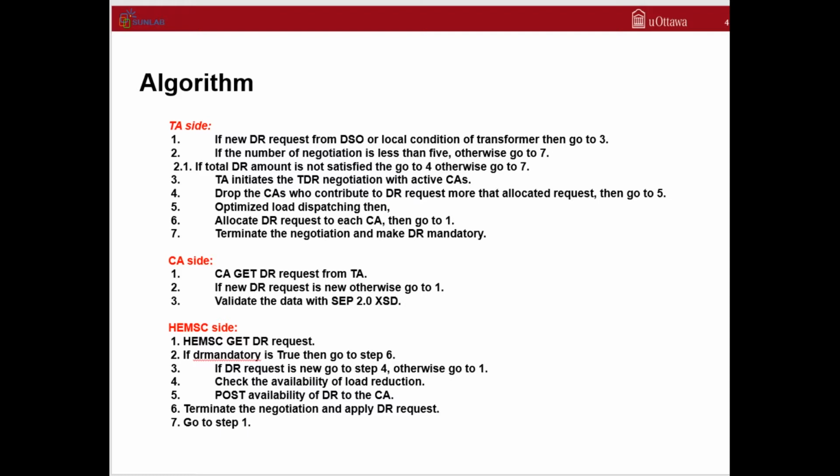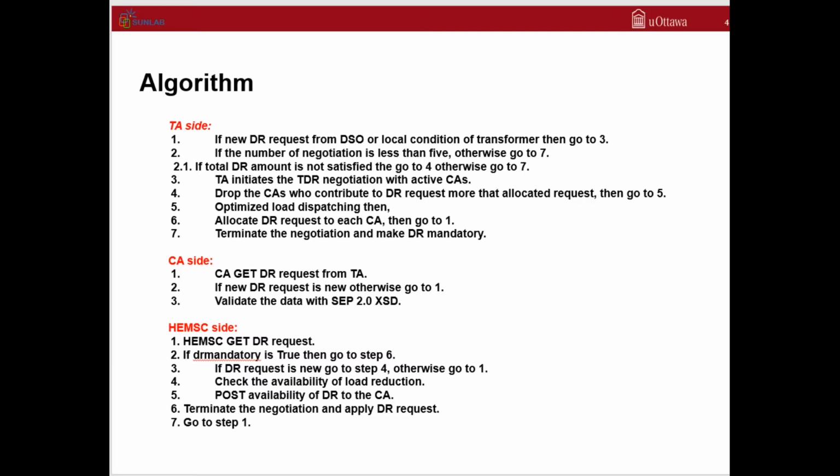So this first negotiation goes to the CA and the TA, and if this is more than allocated, then definitely TA drops this customer from the new optimization. If not, based on the new information, it makes a new optimization and starts negotiation number 2. So this algorithm iterates 5 times to find a better result.